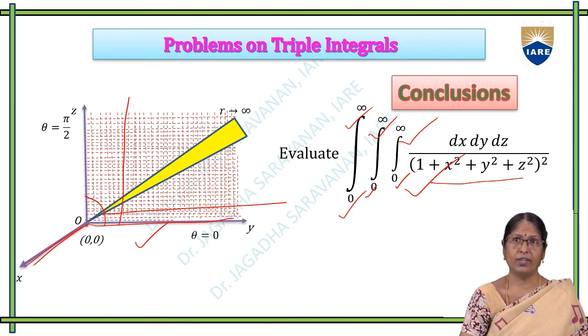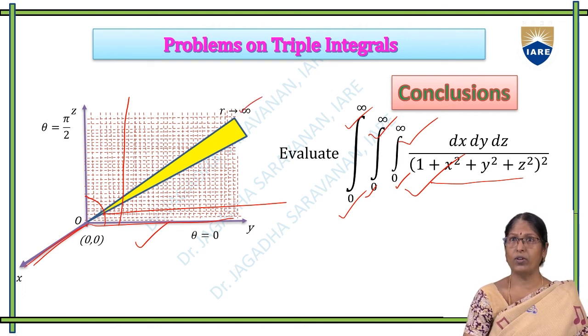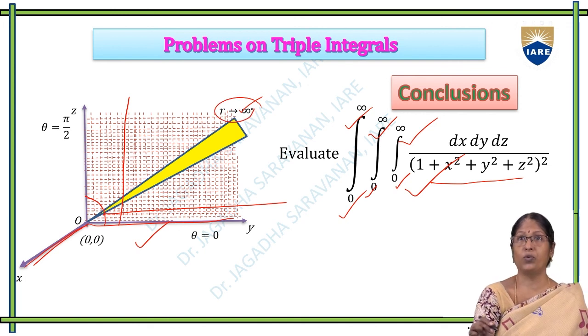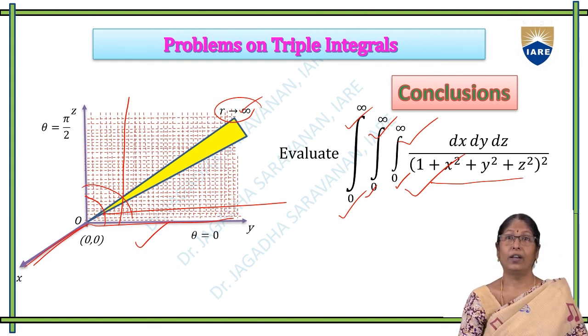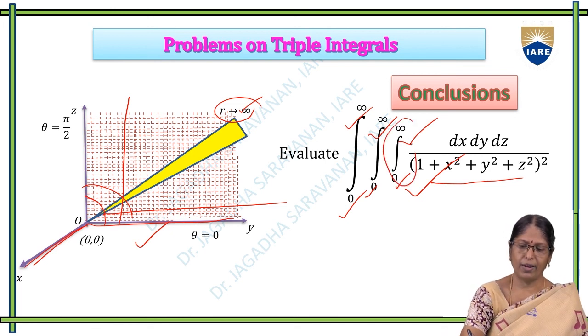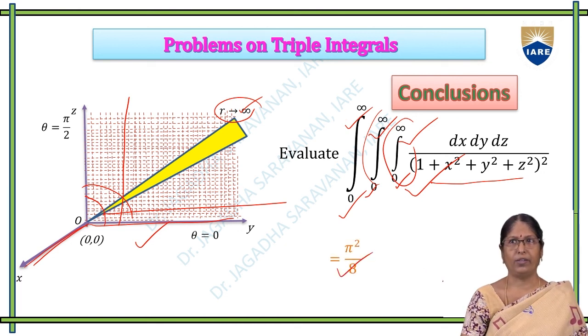As the length increases, the radius also increases. Based on that concept, we evaluated the radius, and it lies in our first octant, that is 90 degrees. So when it is 90 degrees, the third dimension is also 90. Completely the limits are changed, and we evaluated the result pi square by 8.